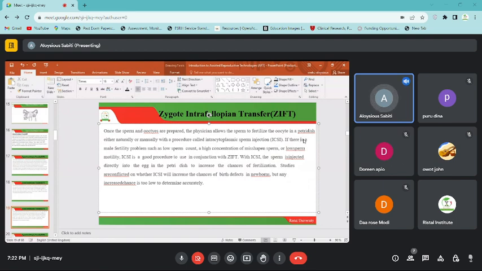So here we are trying to show majorly what particular method can be used for what particular condition a client may be suffering.